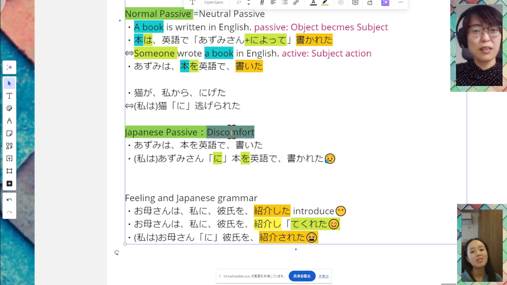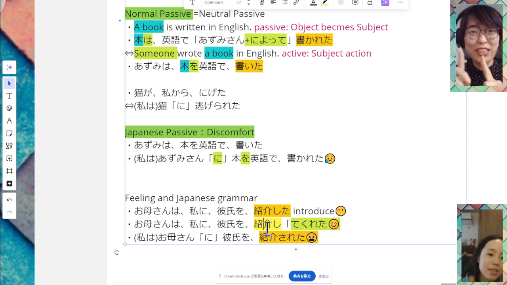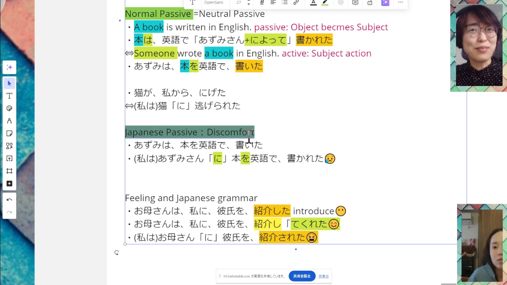Discomfort is not comfortable. Because this is like you and your mother really are involved in this action. So you have two ways. Is it a normal passive, just describing, expressing this scene from your perspective, or Japanese passive, discomfort?